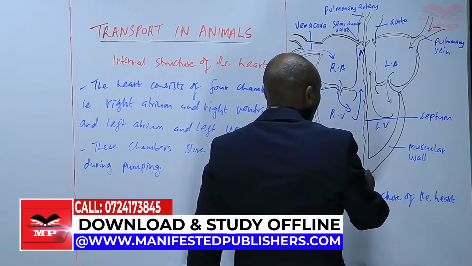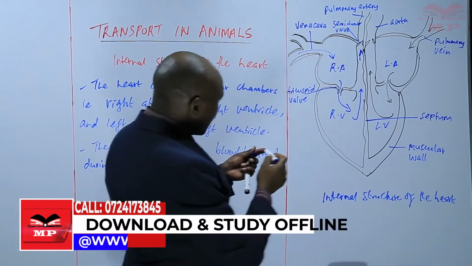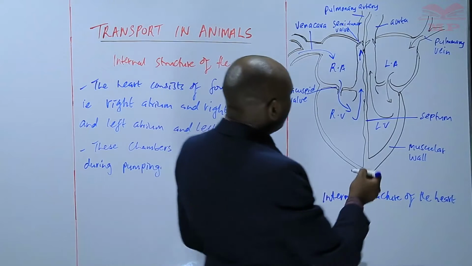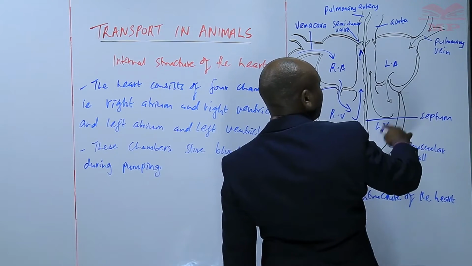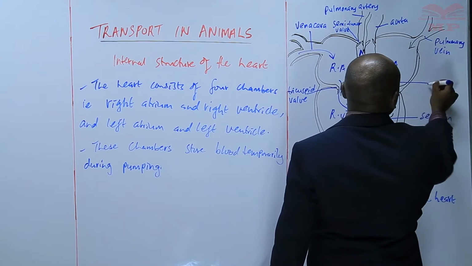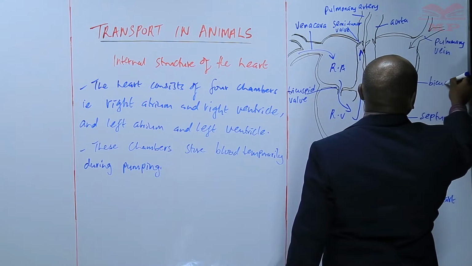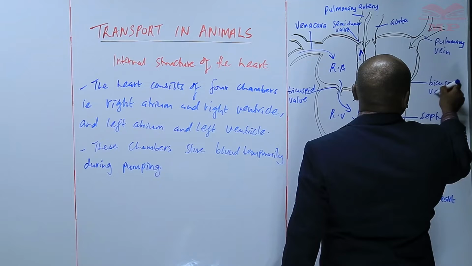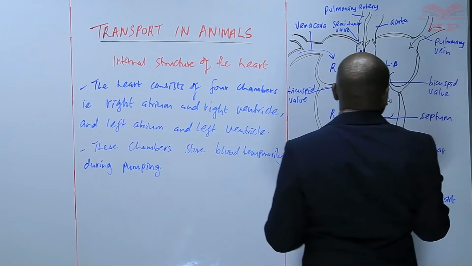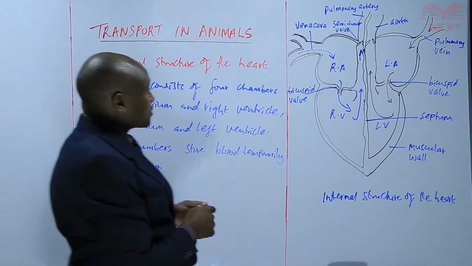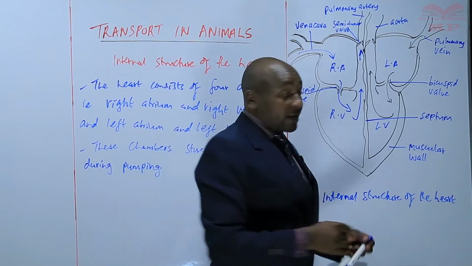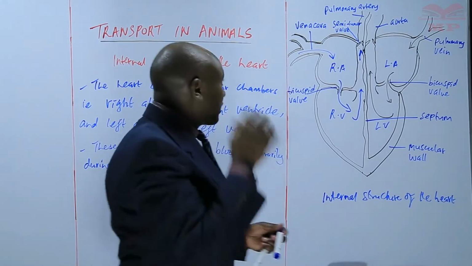I think basically we have labeled the main parts. We also have a valve between the left atrium and the left ventricle. This one we refer to as the bicuspid valve. And basically that is the internal structure of the heart.